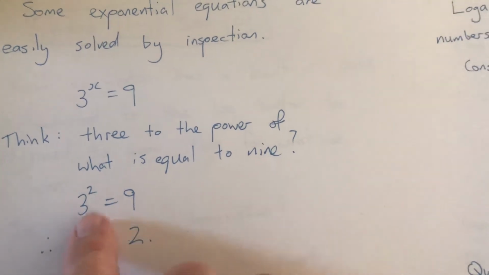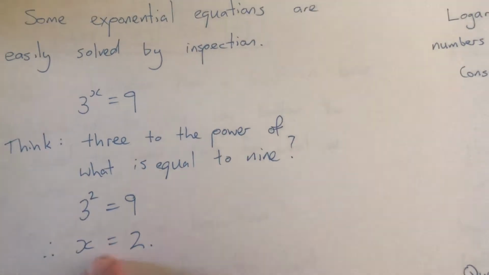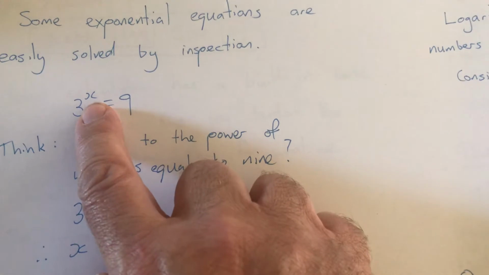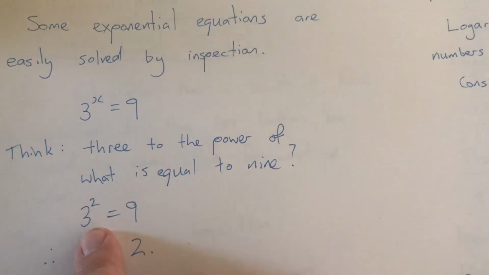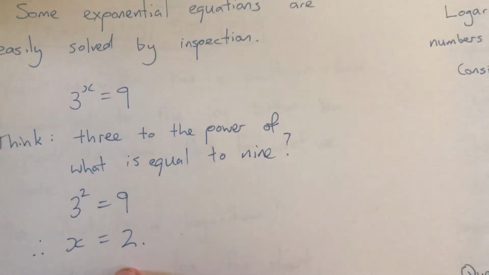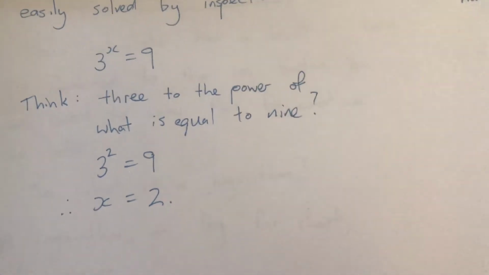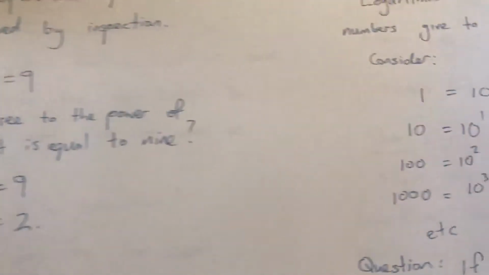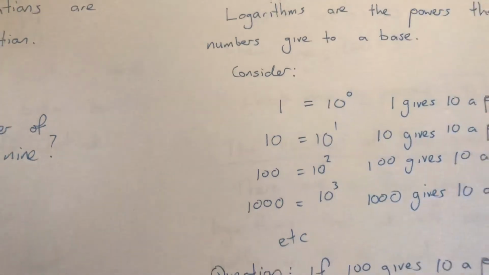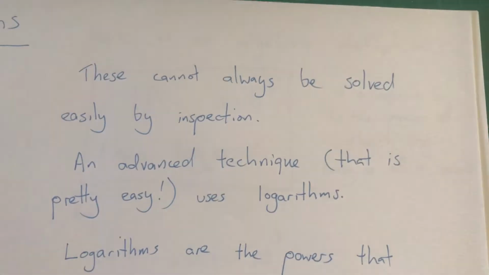So that means that x must equal 2. If 3 to the power of 2 equals 9, then x equals 2. Pretty straightforward, right?